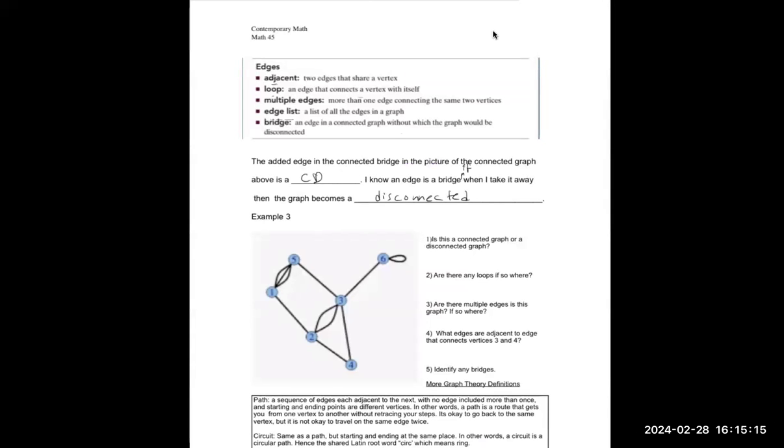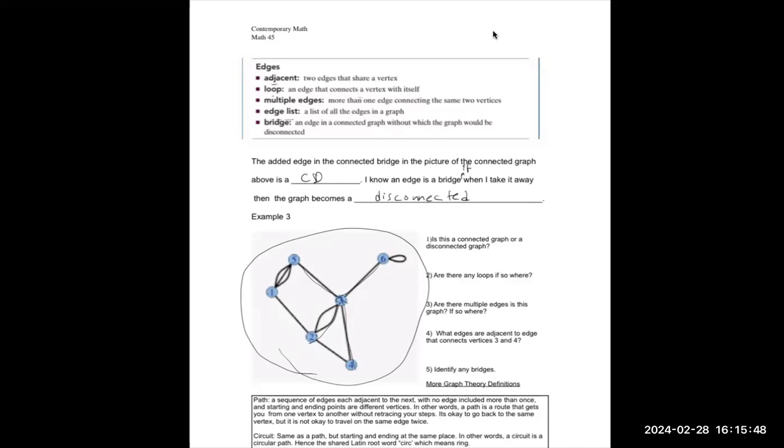Is this a connected graph or a disconnected graph? So we're looking at example 3 now, and we're looking at this picture. Is this a connected or a disconnected graph? Well, it looks like there's no points that we can't get to by one of these, if you want to call these roads. There's 1, 2, 3, 4, 5, 6, and it looks like I can get to any one of these places via one of these roads, right?